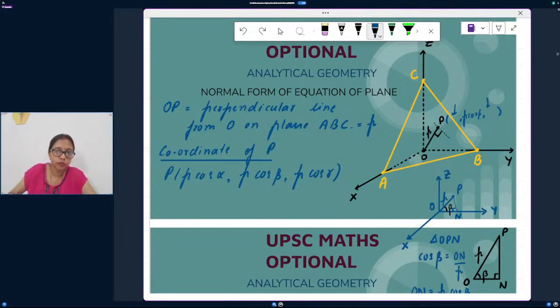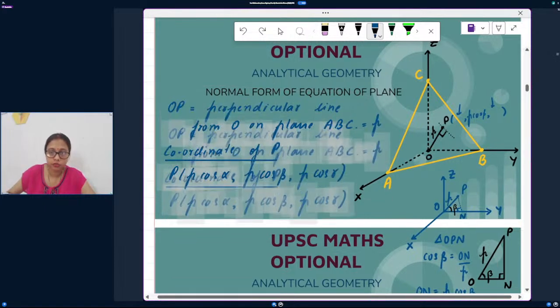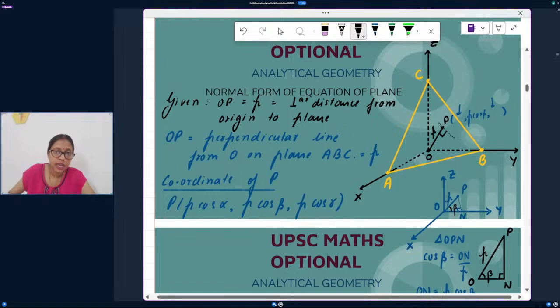So in the normal form of the equation, given is OP equals small p, which is perpendicular distance from origin to plane. That is first thing given.